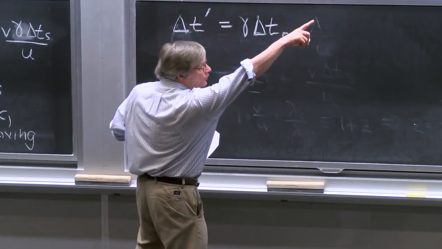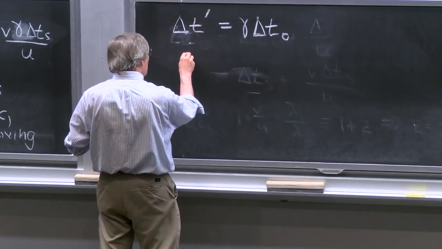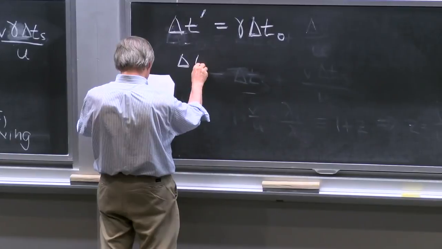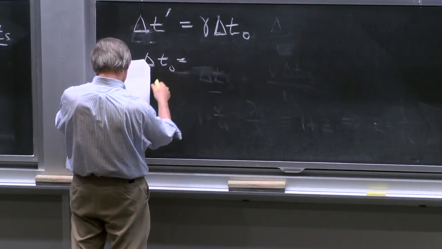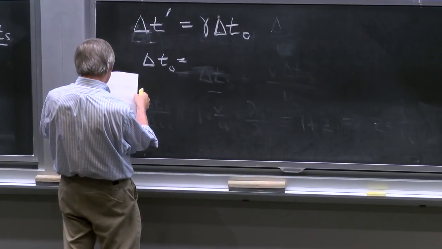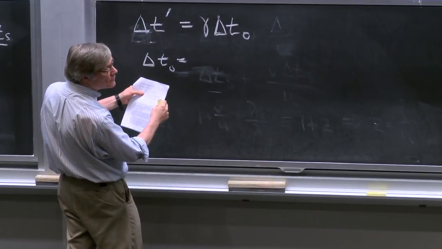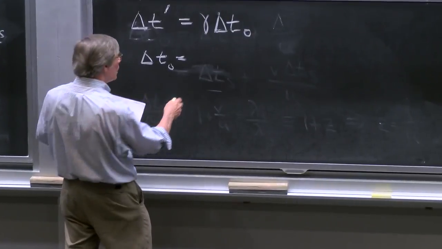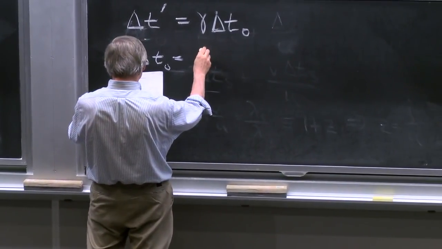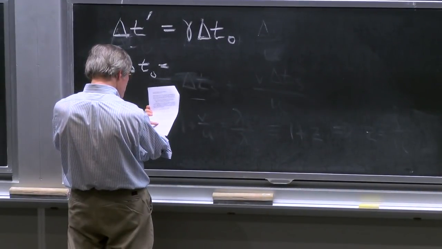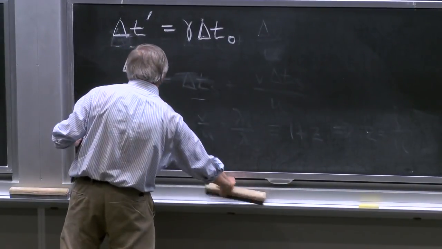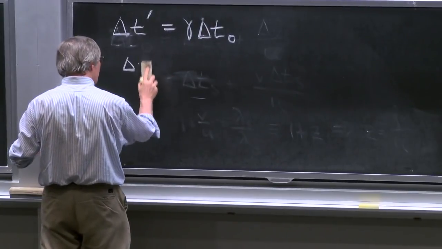So the basic formula that we have up top there would first become delta t sub 0 is equal to, let's say, hold on. No, actually, we would not start by writing down an equation for delta t sub 0.